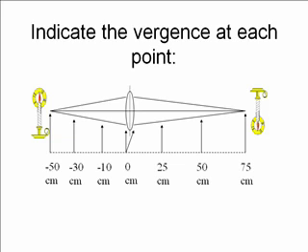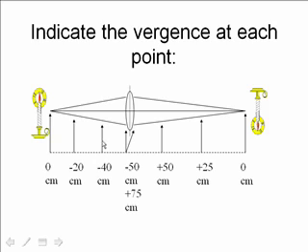So the first thing that we want to do on a problem like this is to renumber the baseline so that it gives us distances not to the lens, which again is not important, but distances to where the points of convergence are. So I've redrawn our base here. And now the same point, which was -10 centimeters from the lens, is correctly marked as being -40 centimeters from the point of convergence.